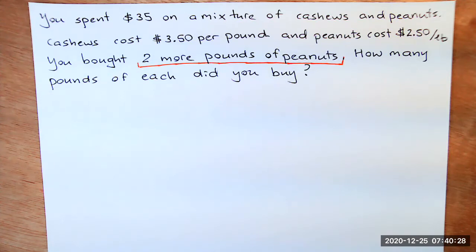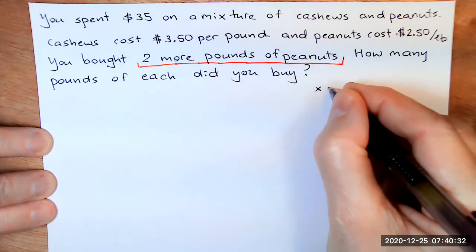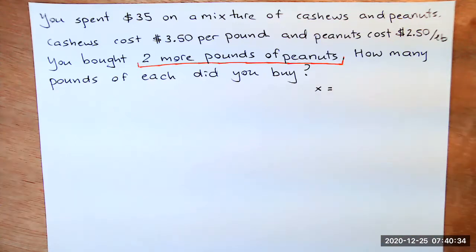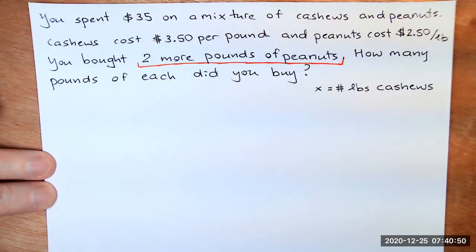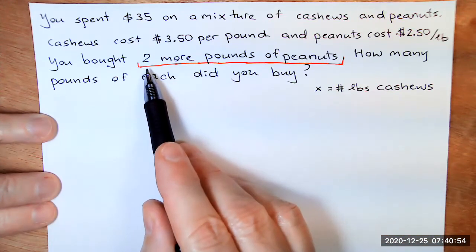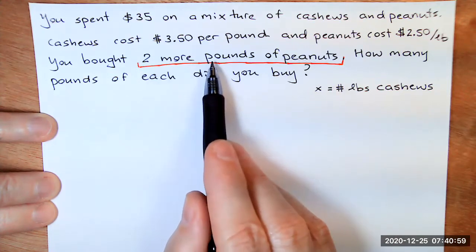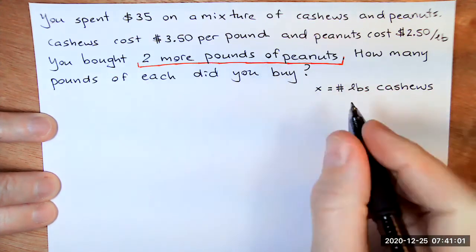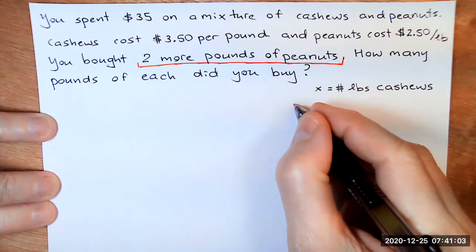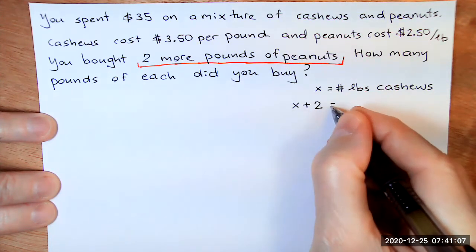So let's call X the number of pounds of cashews. Because the pounds of peanuts is 2 more than, we can use that description to write the number of pounds of peanuts.